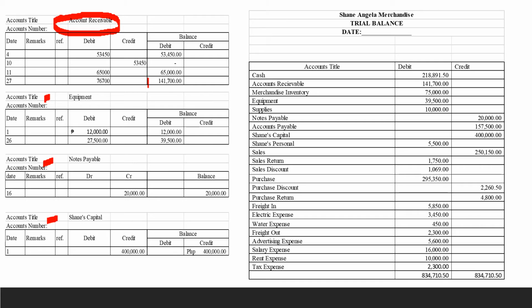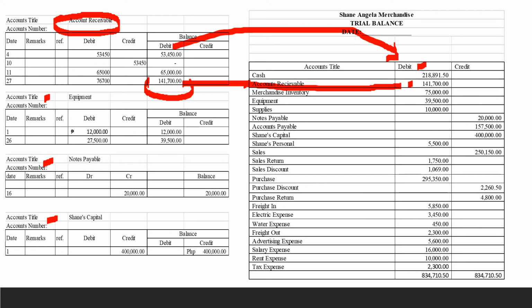We have 141,700 debit balance. So, paano natin siya ililipat? Ito po yun. We have account receivable, 141,700 nasa debit siya. Nagets po kung paano siya napunta. So, ayun, debit. This is the account, and then account receivable, ito po.